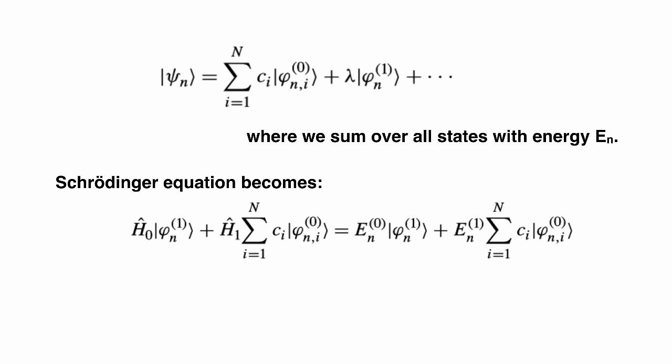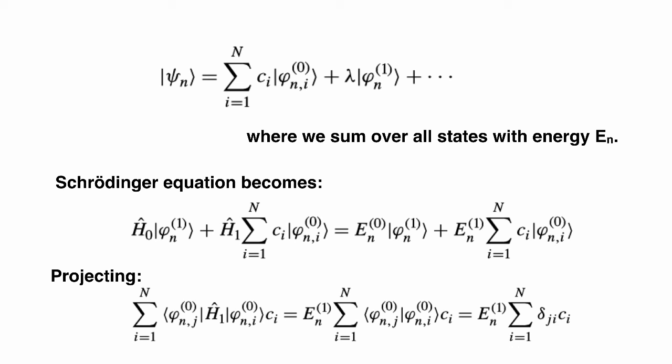We can substitute that eigenstate we are looking for, psi n, into the Schrödinger equation with H0 plus H1, and so on and so forth. And we find that at first order we have this equation right there. So that's what we're interested in.